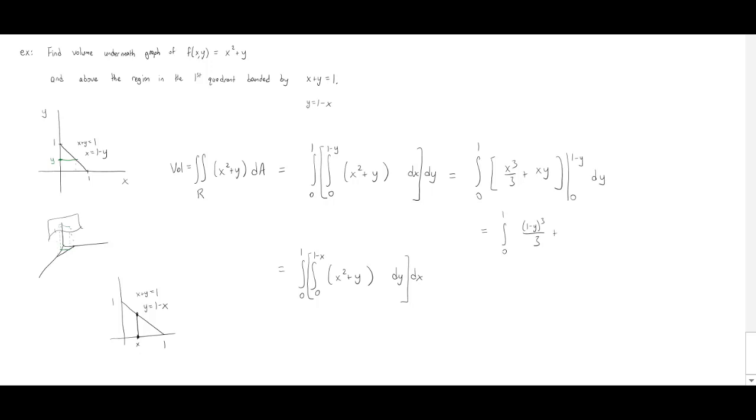And then when you plug in 0, it's all 0. So then you'd be left with that. So really, it works the same as before. Of course, this would be a little bit messy. But I will end it there.